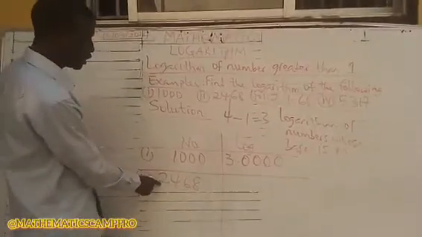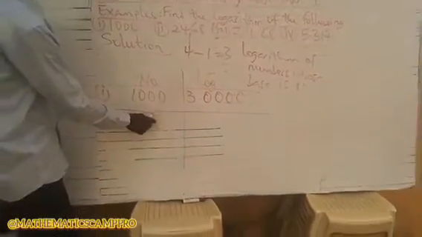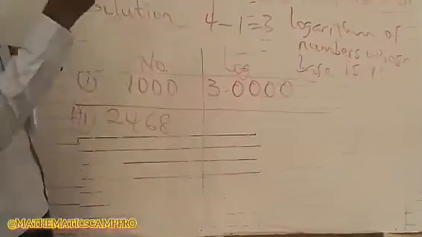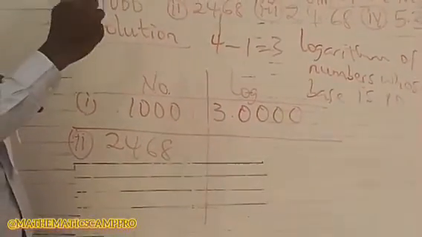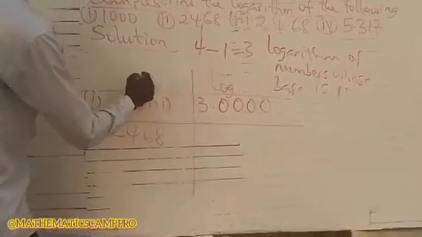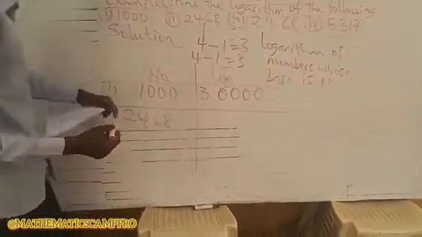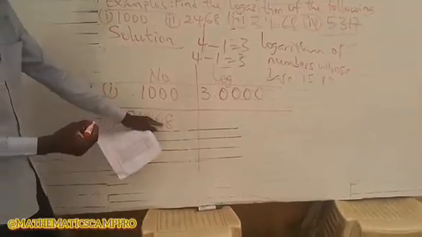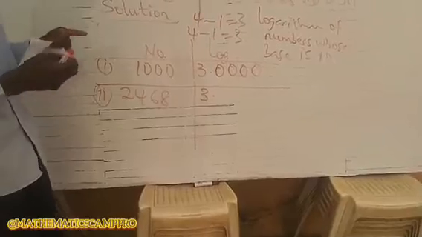How many digits is this? Let's count it: 1, 2, 3, 4. This is 4 digits, and for you to get your characteristics, you are going to deduct 1 from the number of digits. That is 4 minus 1, which is 3. The characteristics of 2468 is going to be 3 point. Now, how are you going to get your mantissa?